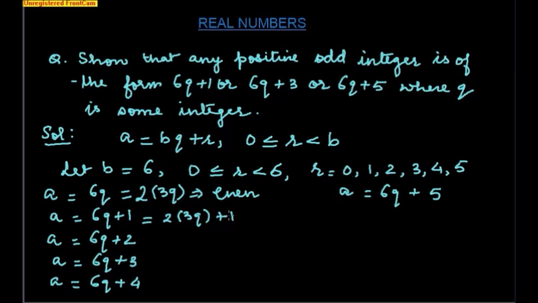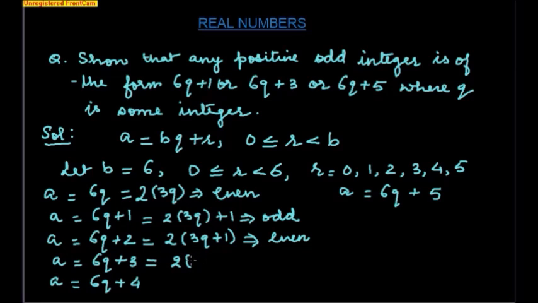This is divisible by 2, but plus 1 shows that we have a remainder, which shows that this is not divisible by 2 and hence it is odd. Now here, I take 2 common and I get 3Q plus 1. That means again I can write it in the form 2 into something. That means it is divisible by 2 and hence it is even as we do not have any remainder.